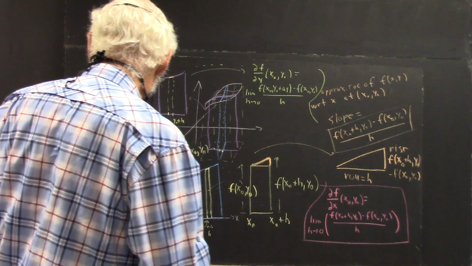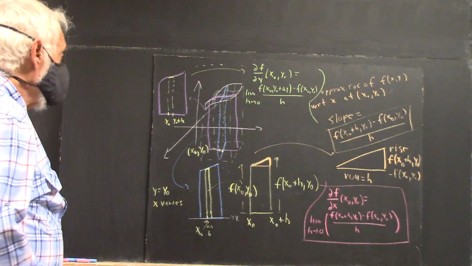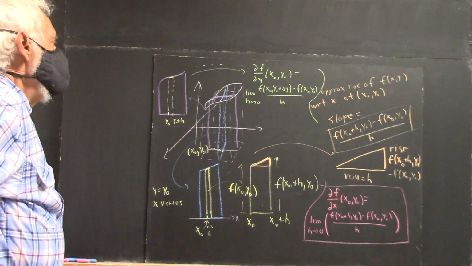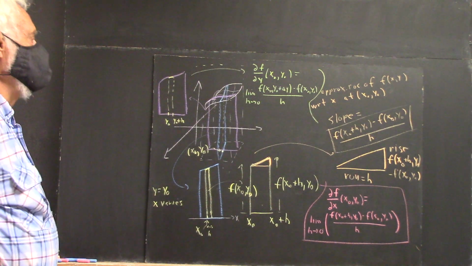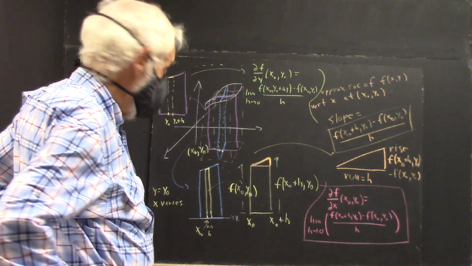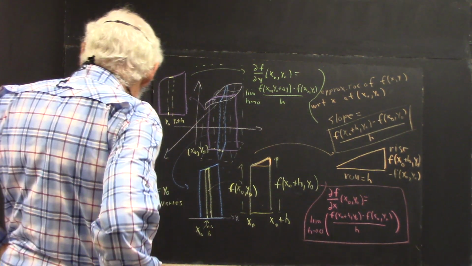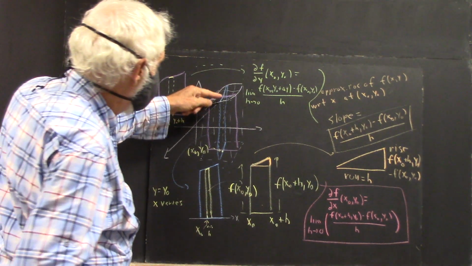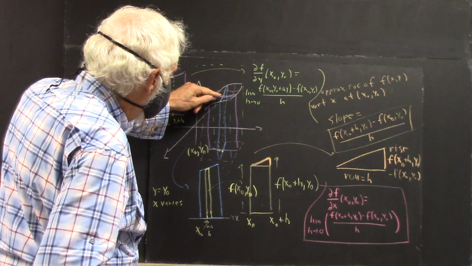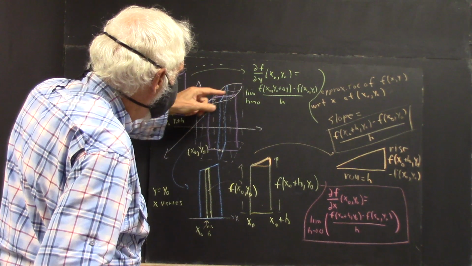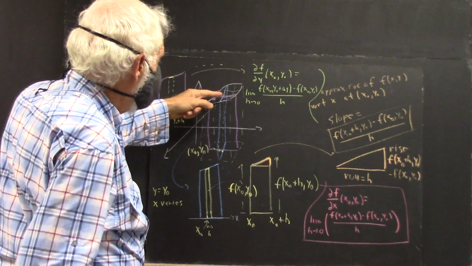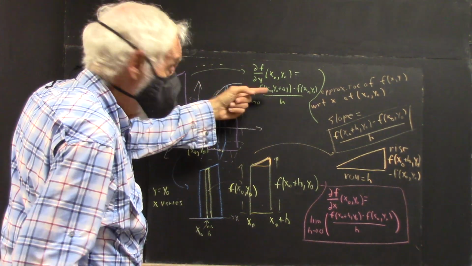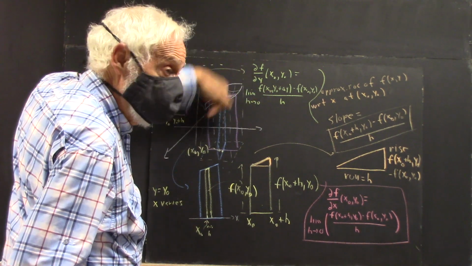So, I'm going to go a little further with this. If we know the values of these partial derivatives, then at this point we know the direction of a tangent vector in this direction and a tangent vector in this direction.